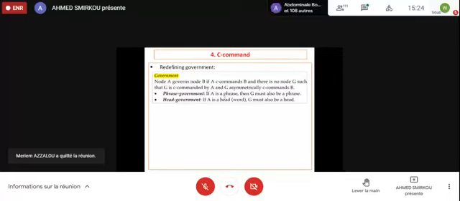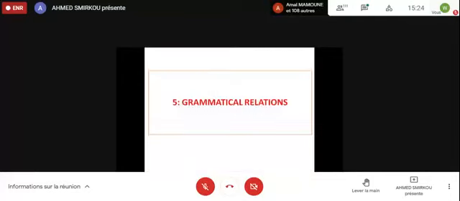If A is a phrase, then G must also be a phrase to block government. Head government: if A is a head, then G must be a head to block government. Otherwise, we have government.